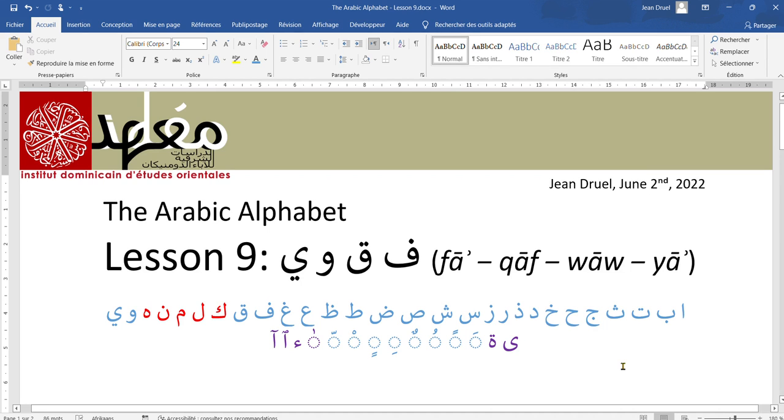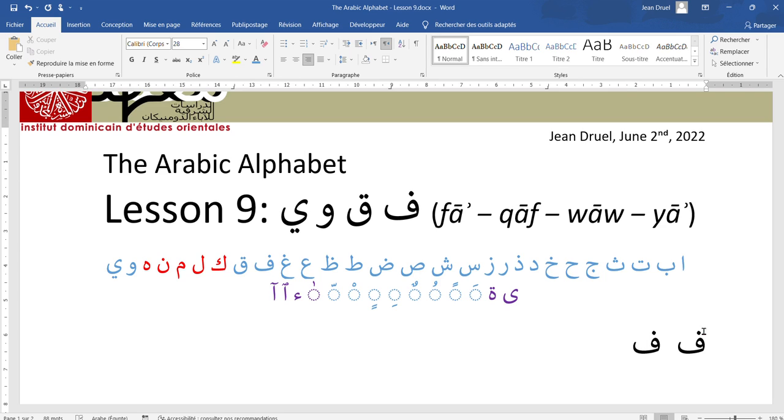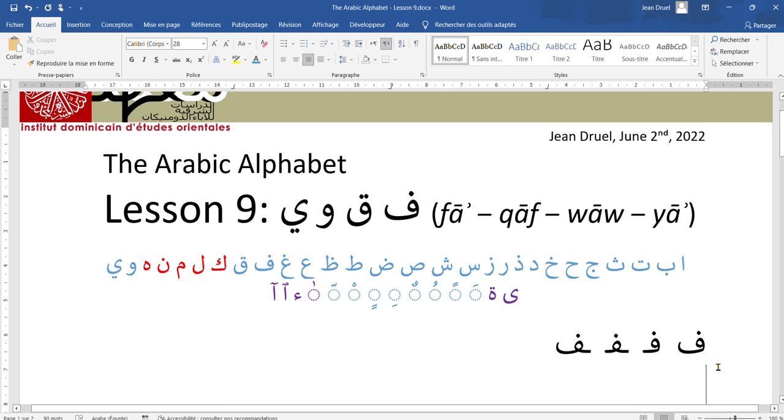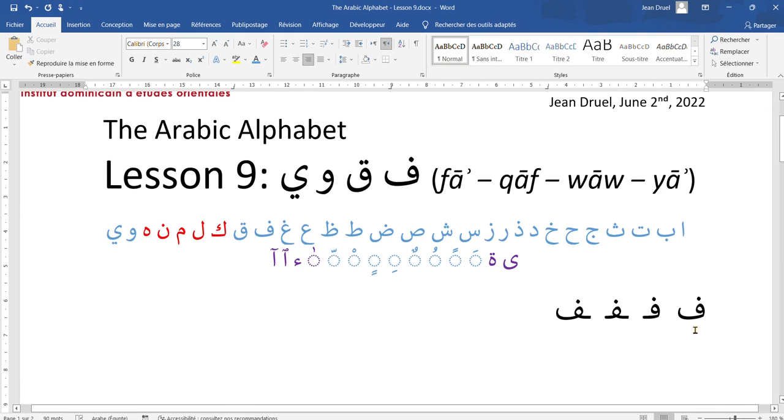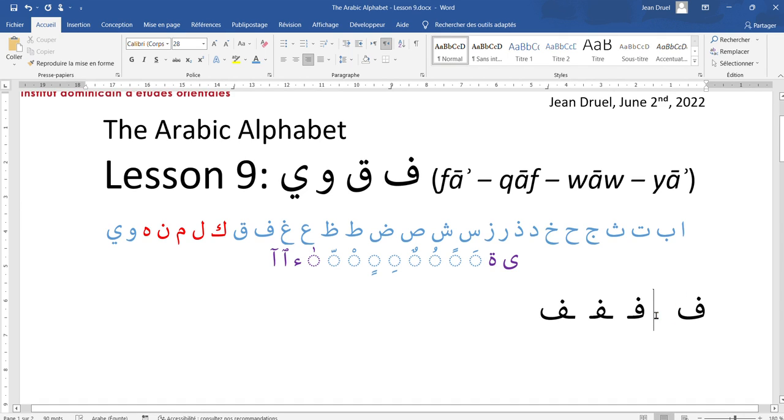So let's jump directly into how to write them. The fa and the qaf have the same head, and they connect both on the left and on the right. Here we have the fa, isolated form, and then the initial, where just the head remains, the middle form, and the final form, where the tail is back.